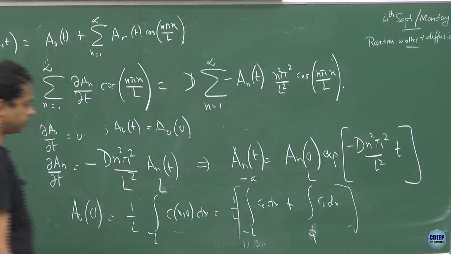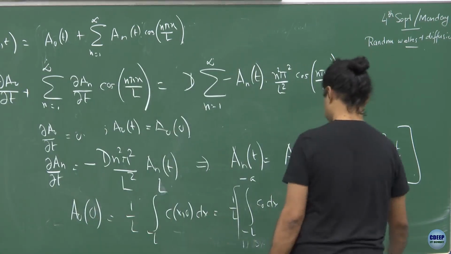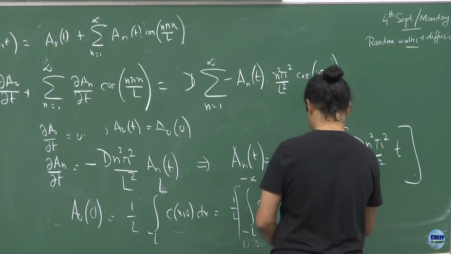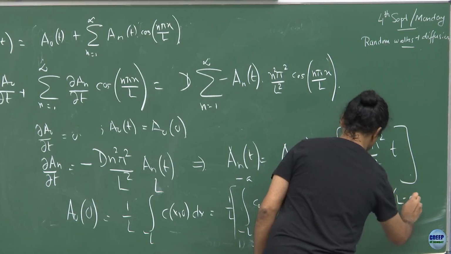The middle region is of course 0. So, this is 2 times C naught into L minus a.